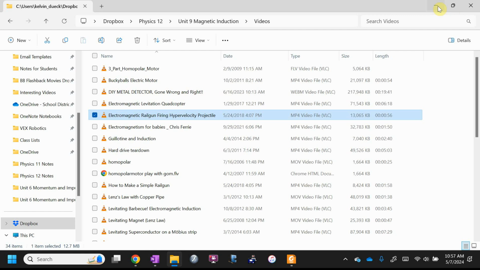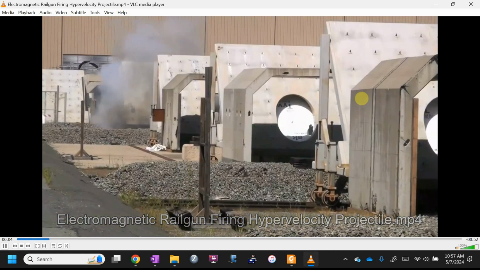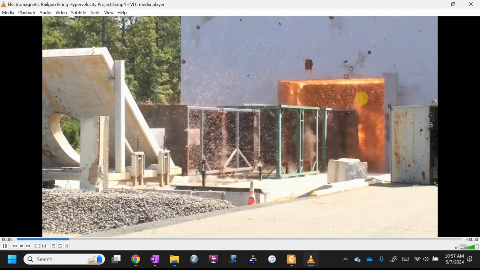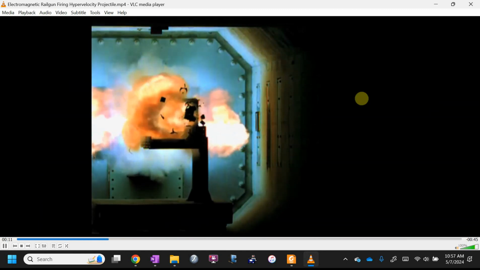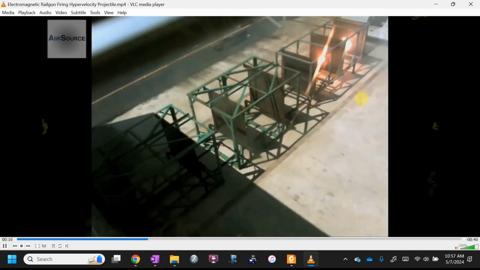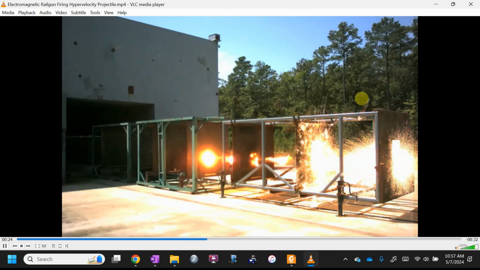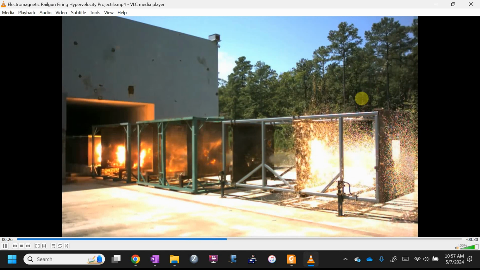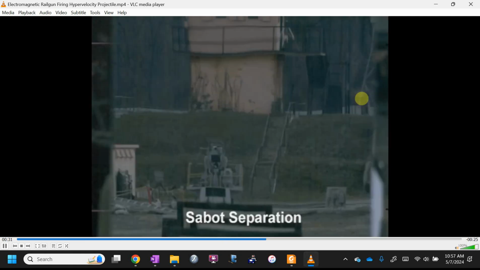So this is a railgun firing a hypervelocity projectile. I think it's hitting 7 times the speed of sound. It's moving really fast, so in slow-mo, now, these were really trendy in the 80s.